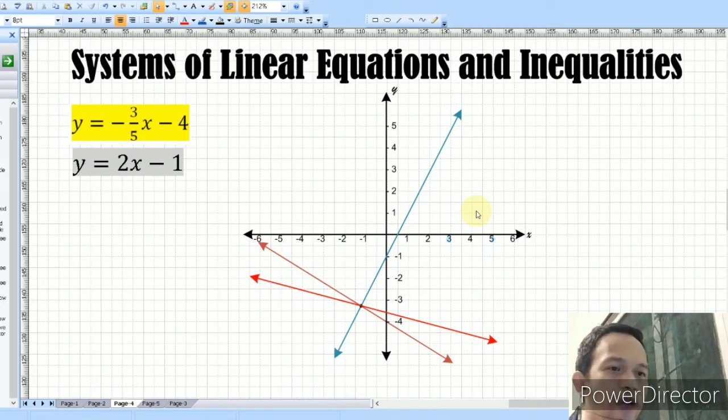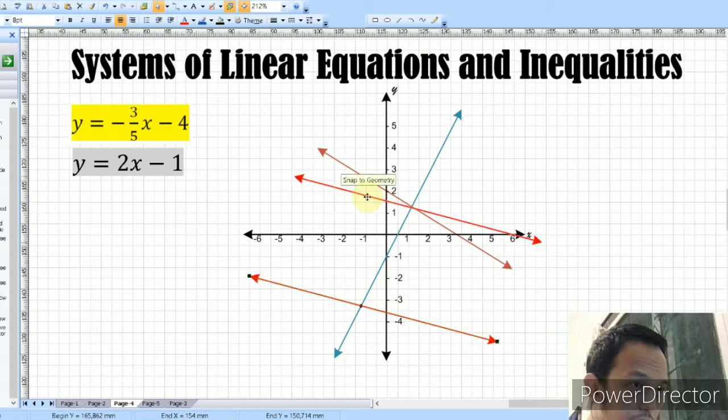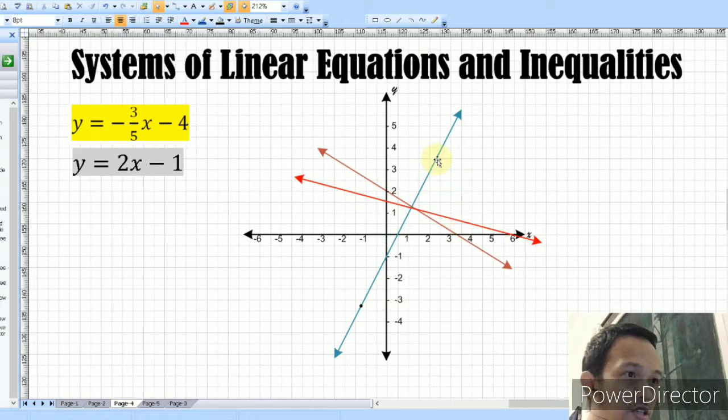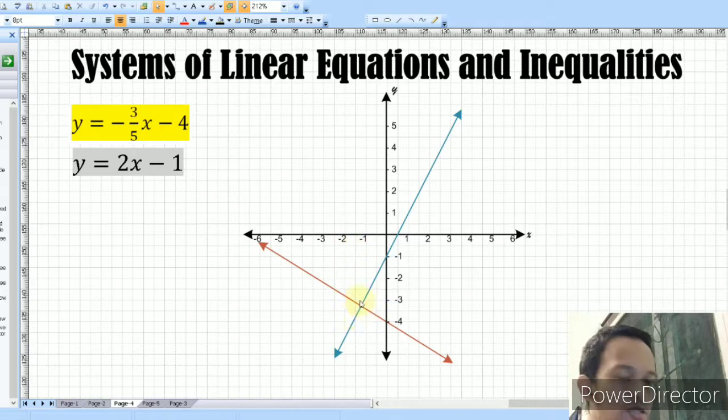For example, if we have three lines in this situation, we don't have a solution, since we don't have an intersection of all three functions. I hope you get the idea here. We want to find the exact coordinate, the solution of the system, by using two methods: linear combination and substitution.